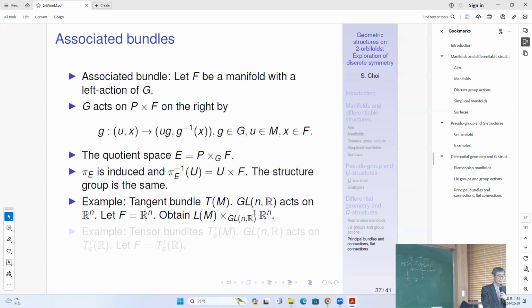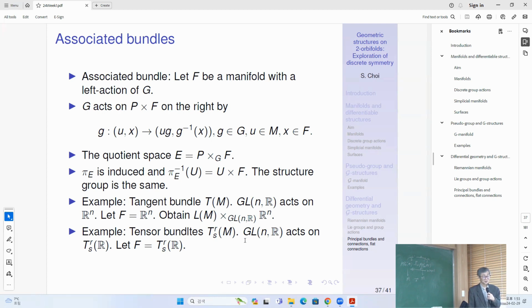So the preimage will be U times Rn, and the fiber will always be Rn in this bundle. So that can be identified with the tangent bundle in this way. These are all well explained in Kobayashi and Nomizu, but let me not point to them.